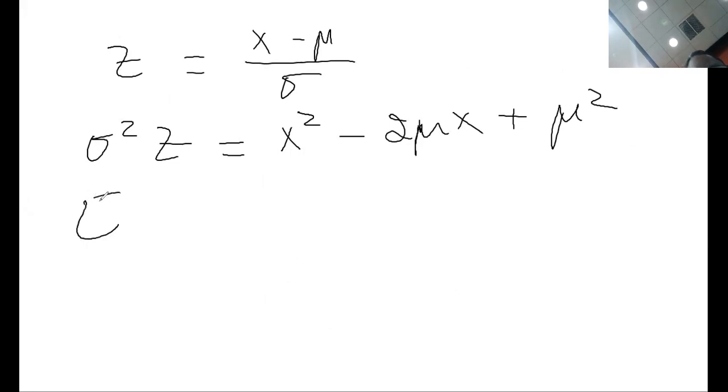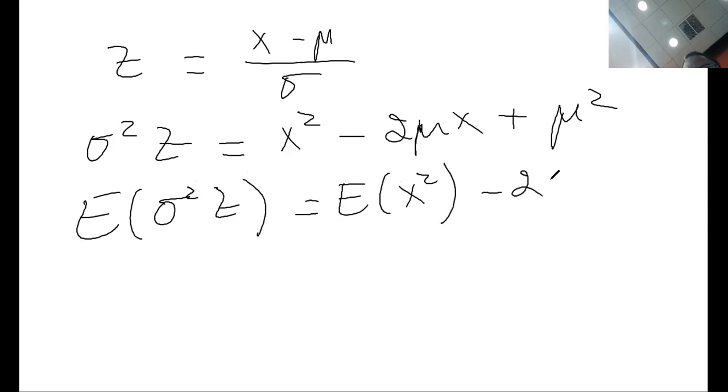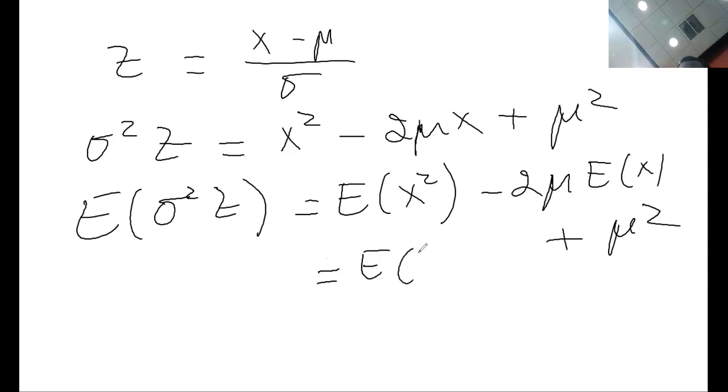So E of sigma squared Z squared will be E of x squared minus 2 mu E of x plus mu squared. So this is equal to E of x squared. Mu and E of x are the same thing.